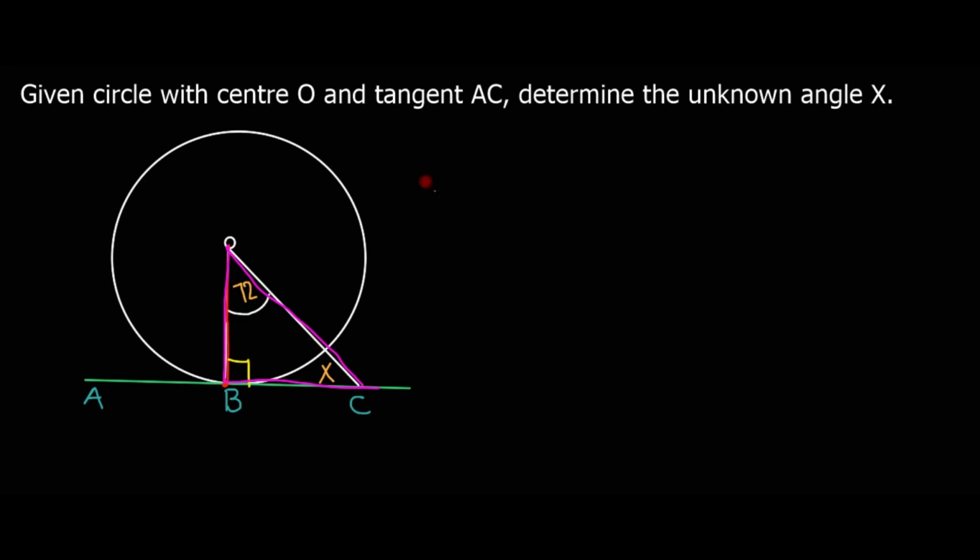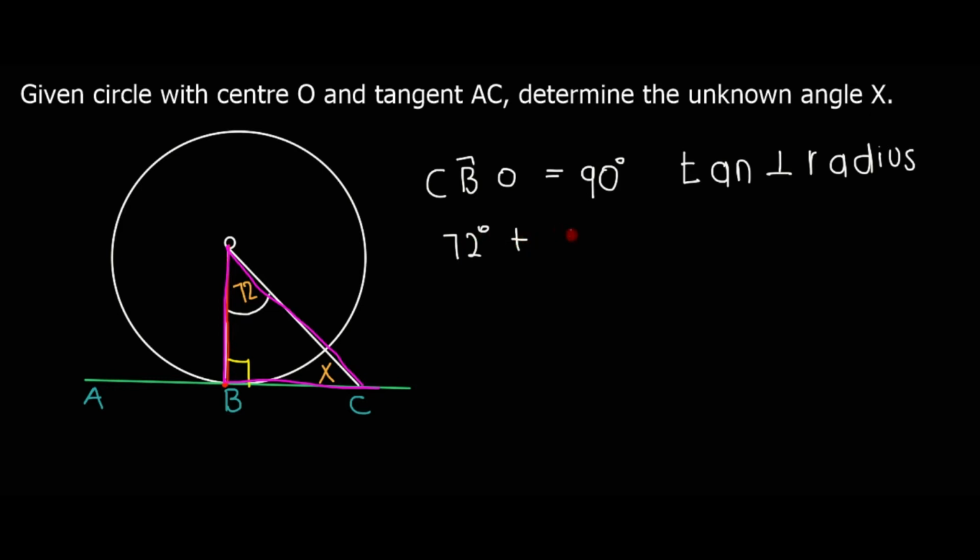But the first thing is to say angle OBC is equal to 90 degrees. Can you explain why angle B is 90 degrees? The reason is the theorem: tangent is perpendicular to radius. And then from here, 72 degrees plus 90 plus x is equal to 180 degrees.